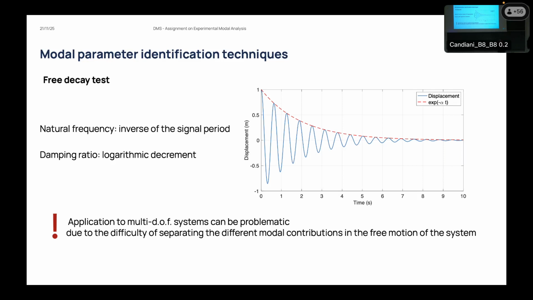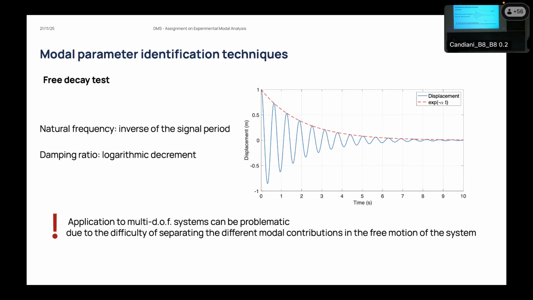So, at the beginning of the course, but even last week by solving the exercises, we always stressed that if we have a certain structure, this structure has an infinite number of natural frequencies and so mode shapes.